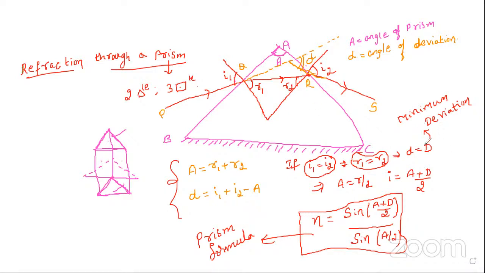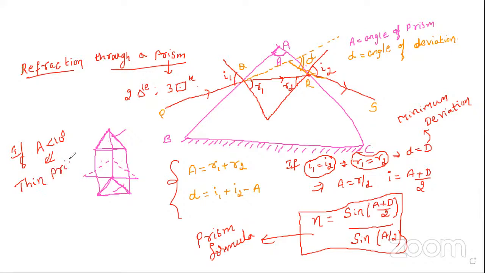When I'm using capital D, it is understood we are talking about minimum deviation. Under that minimum deviation, I1 must be equal to I2 and R1 must be equal to R2. That is the condition. If the angle of the prism is less than 10 degrees, then such a prism we call it as a thin prism.